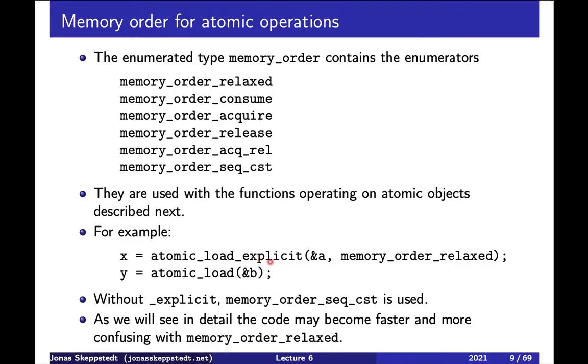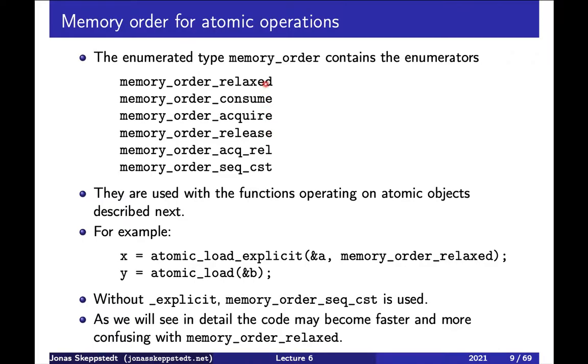We can be explicit and say which memory consistency model or memory order that we want to use for this operation. So here we say that it's relaxed, so it will be unordered with respect to other data operations, but not a previous acquire or a future release, of course.